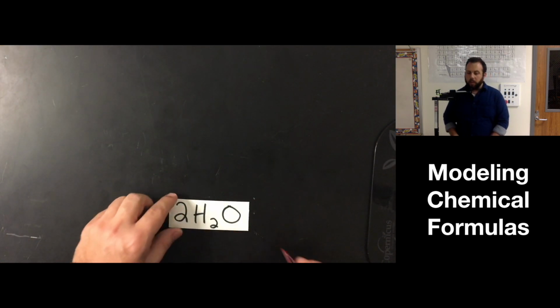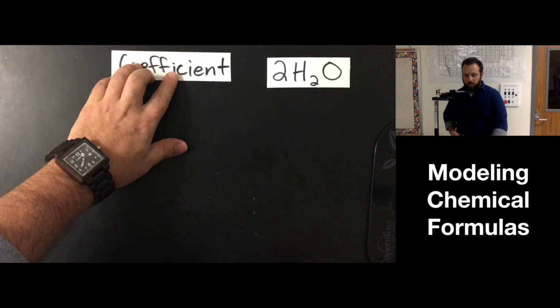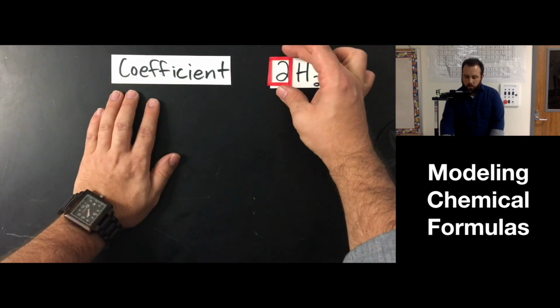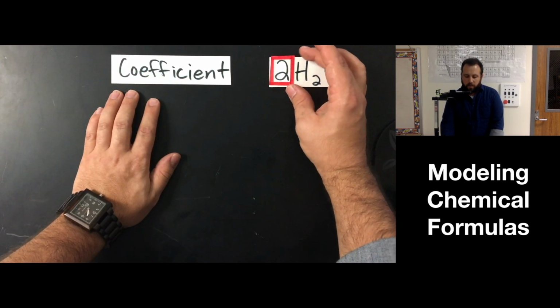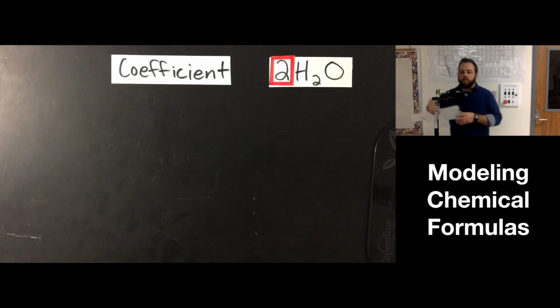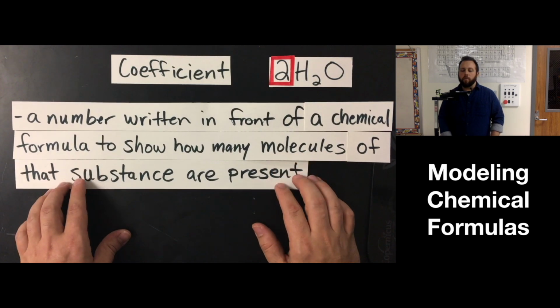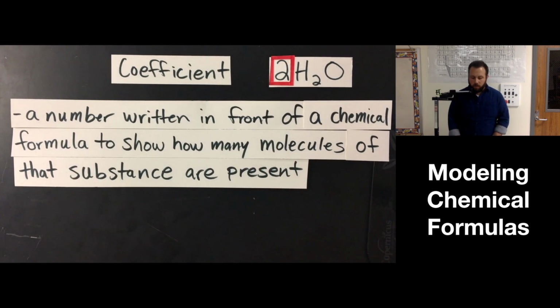So we're going to keep looking at this example of water here, so 2H2O, and we're going to talk about the number that's in front of it. So this coefficient is right here. A coefficient is a number written in front of a chemical formula to show how many molecules of the substance are present.